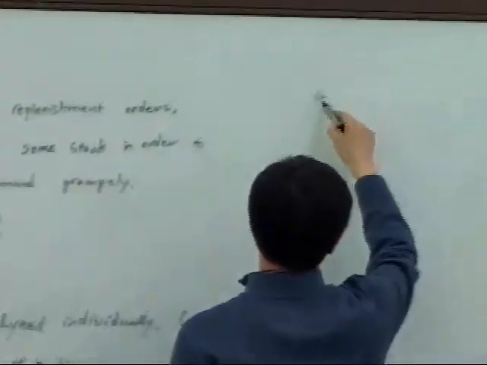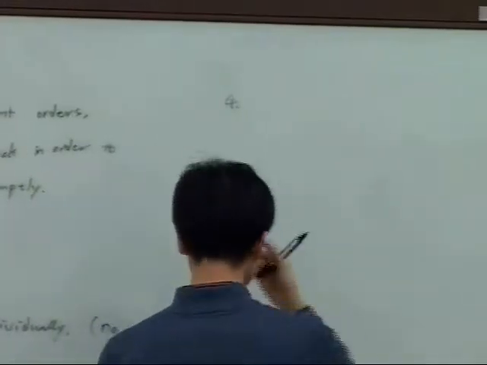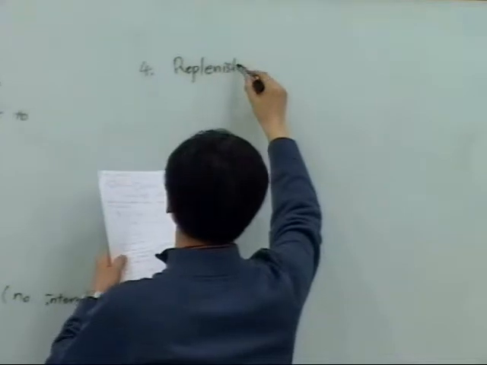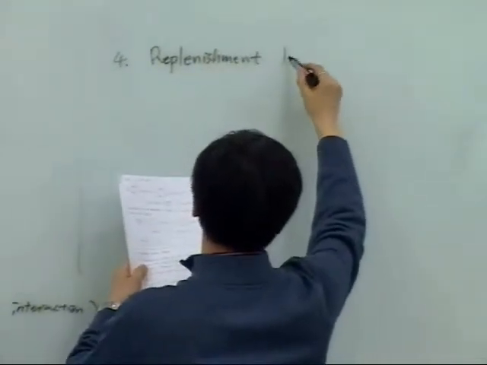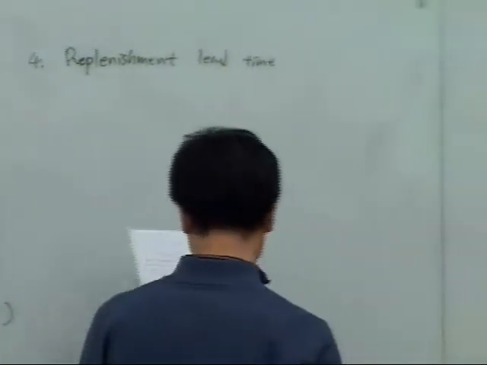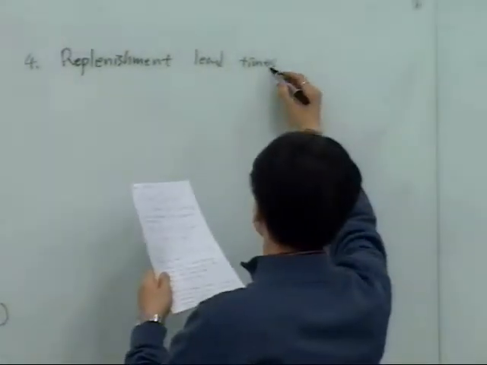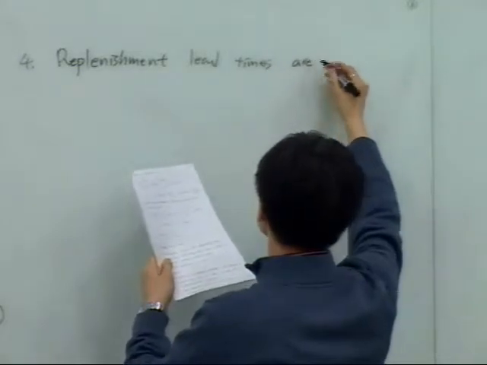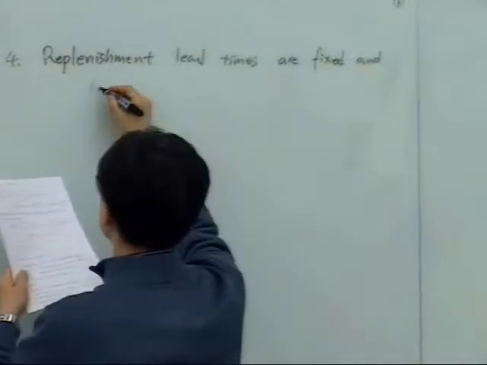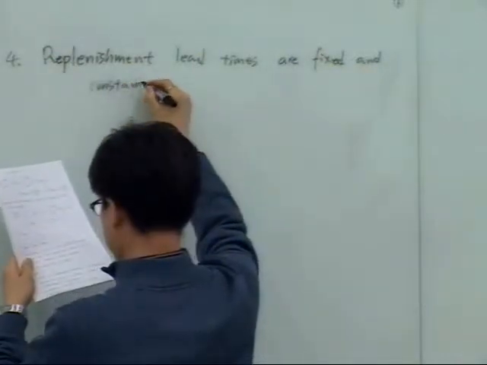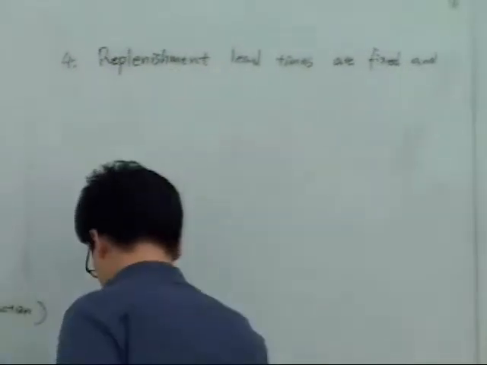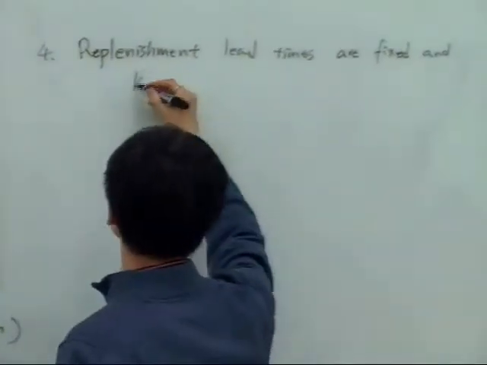Okay. Even though this replenishment lead time is very long, we just assume these times are fixed and constant. Constant means a strong assumption. Are known.